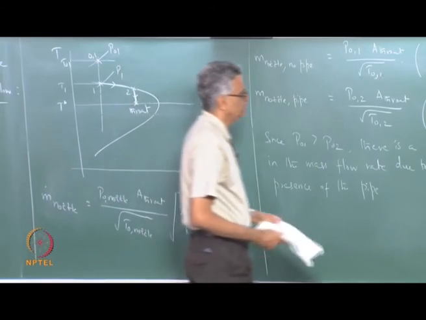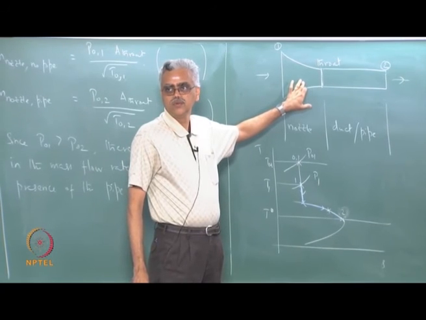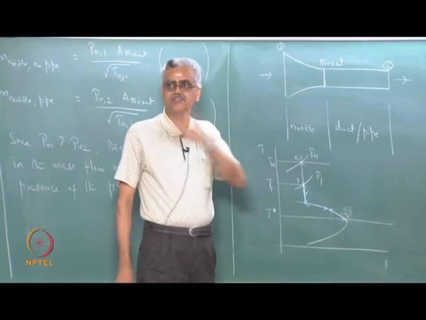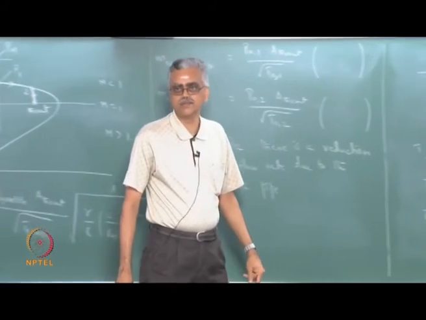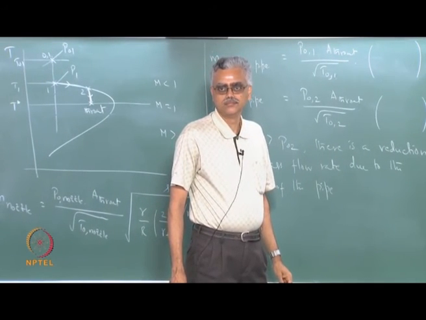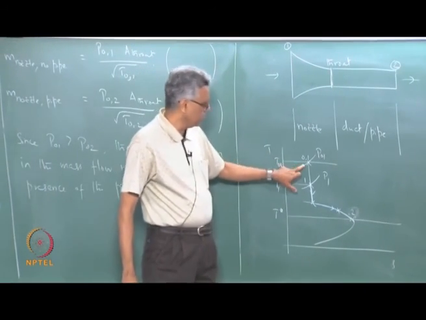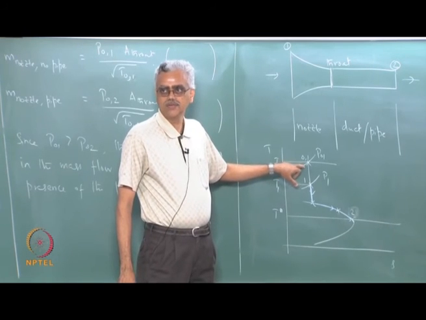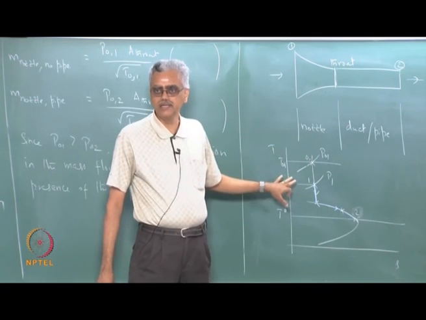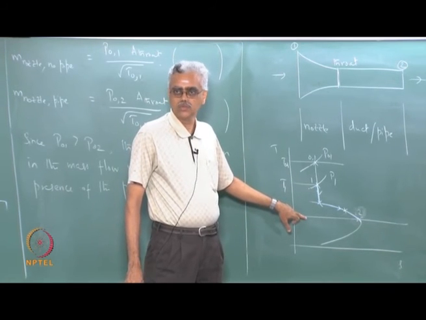Okay. But notice that m dot through the nozzle, what will it be? Will it be less than or same as before? In this case, in the previous case it was less. What will it be in this case? It depends on whether the exit is choked or not. But keep in mind that for a given value of stagnation pressure, ambient pressure remaining the same, if the pipe had not been there, then most likely the nozzle would be choked.